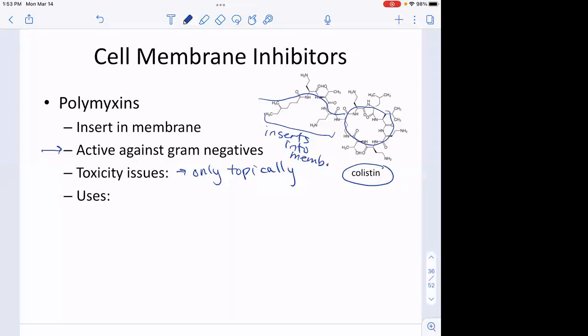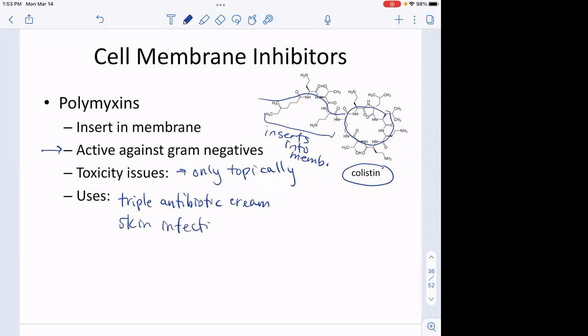The main use that we have for polymyxins is for skin infections. So it's that third drug in triple antibiotic cream. Skin infections.